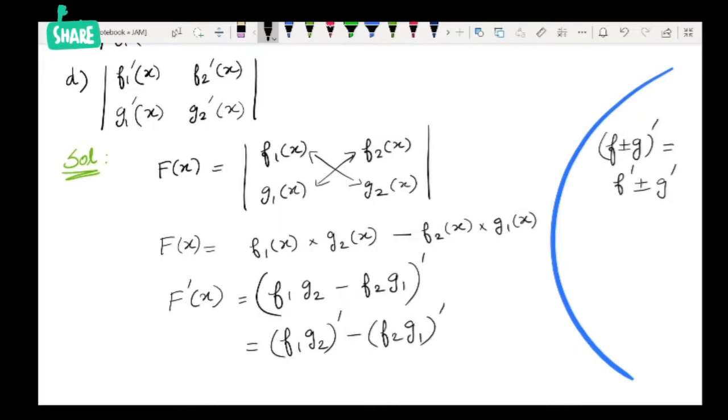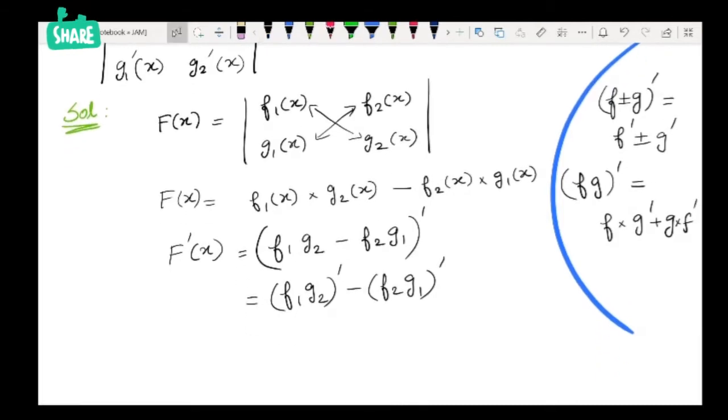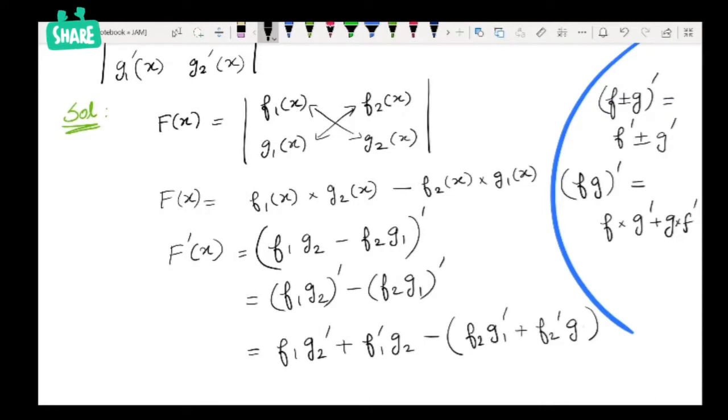Again we have a product here, so the rule for that is fg the whole dash is same as f into g dash plus g into f dash. So let's apply that here. It will become f1 g2 dash plus f1 dash g2 minus, so I'm gonna write the whole thing in the bracket, f2 g1 dash plus f2 dash g1.